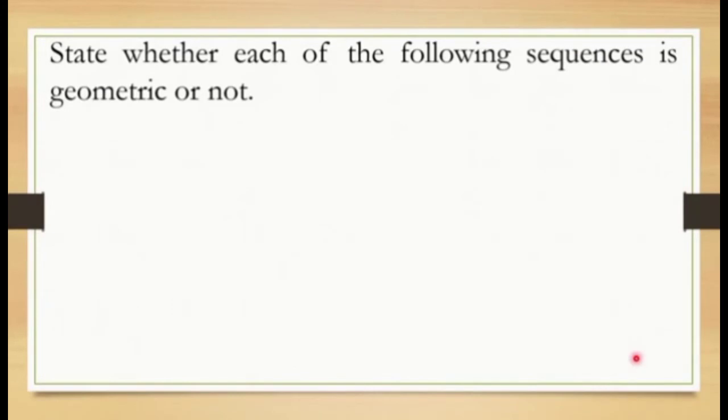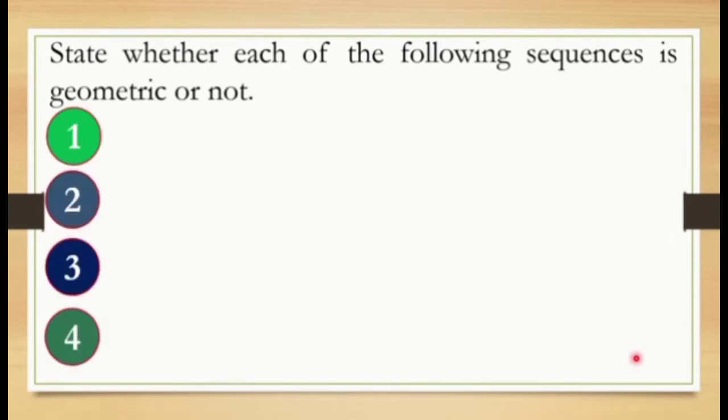Okay, you all know about the geometric sequence, so we can tell that a sequence is geometric when it has a common ratio. So I'll give you more examples to identify whether the given sequences are geometric or not. I have 4 examples here. For the first example, we have 5, 20, 80, 320.